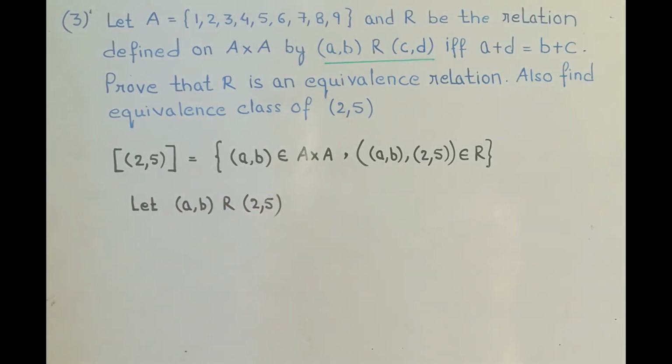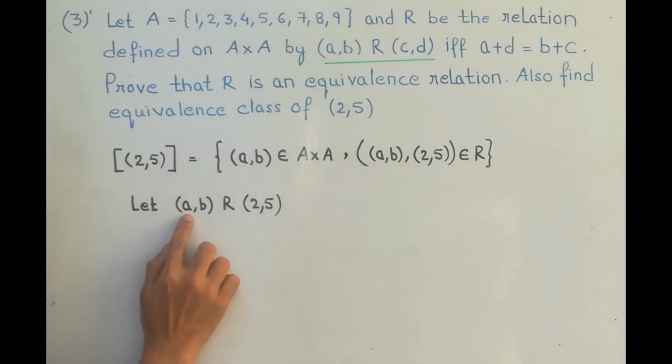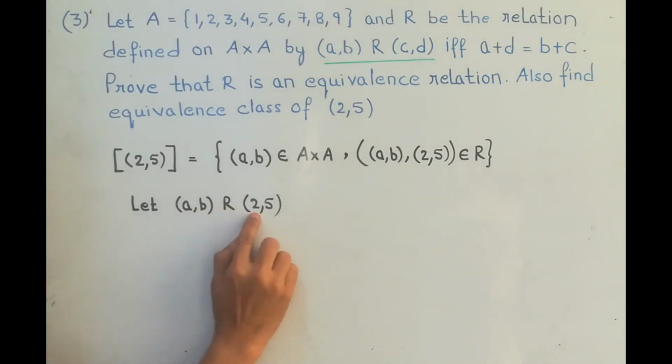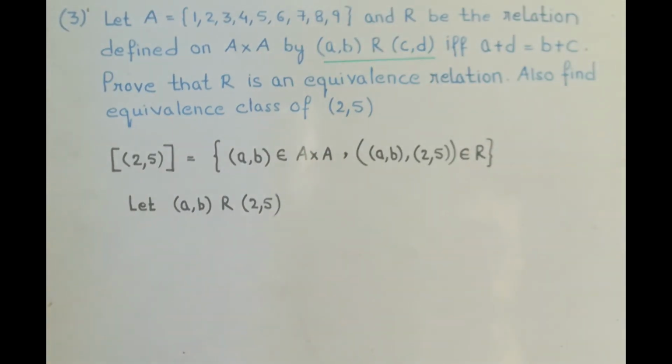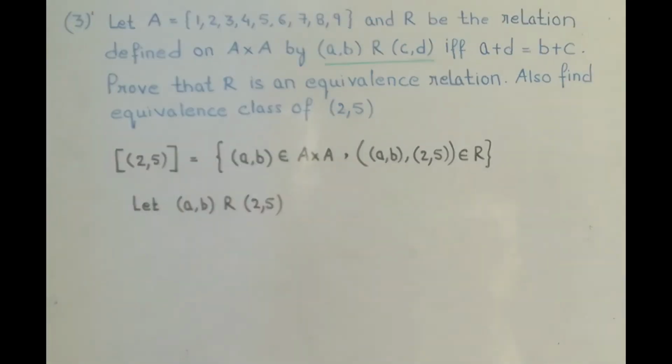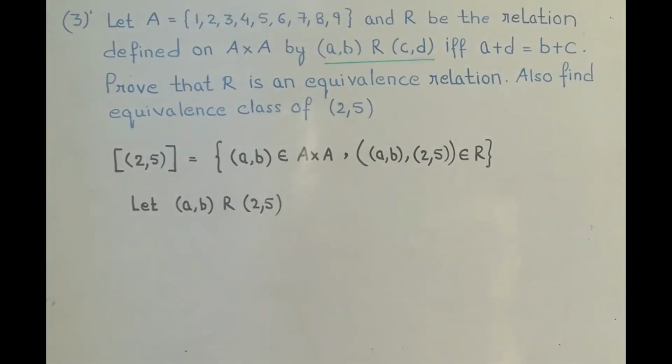Now, according to the given relation, (a, b) is related to (c, d). This is the relation given to you. Now, if we apply it in that relation, a plus d is equal to b plus c. So let's see what will be the result over here.